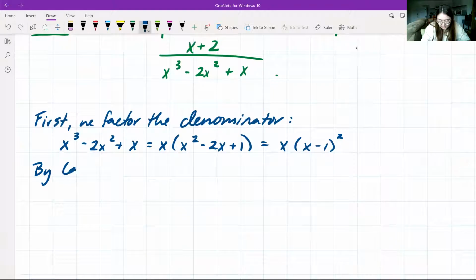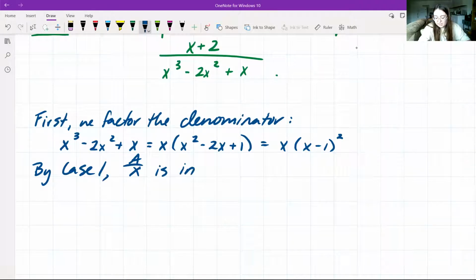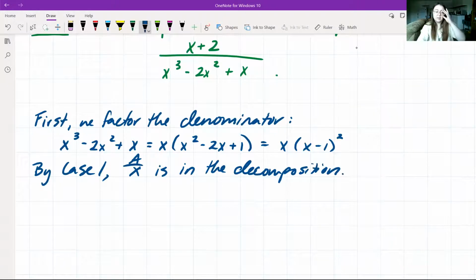By case 1, a over x is in the decomposition. This is because the first thing we're doing is just analyzing the two separate factors, x and x minus 1 squared. So because of that, a over x is included in the decomposition.